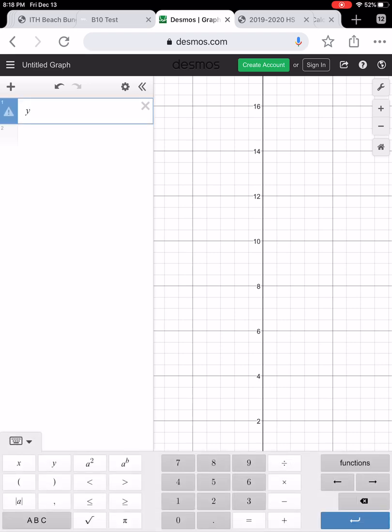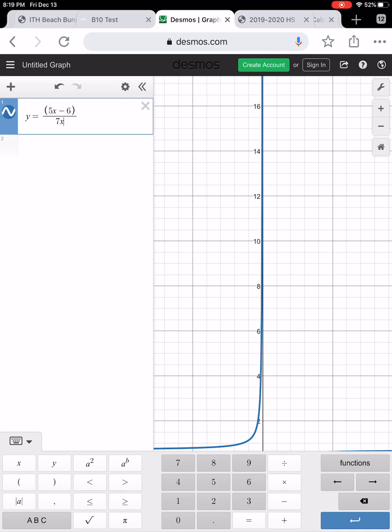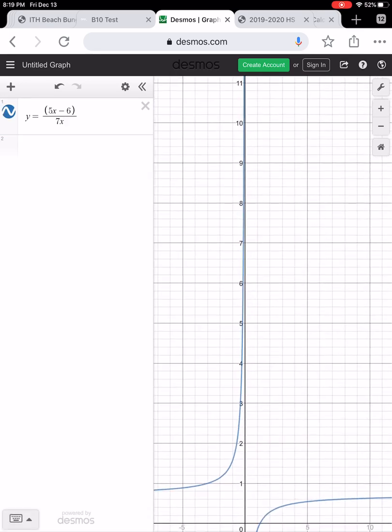So y equals, parentheses, 5x, minus 6, close parentheses, divided by 7x. I knew I was forgetting something there.